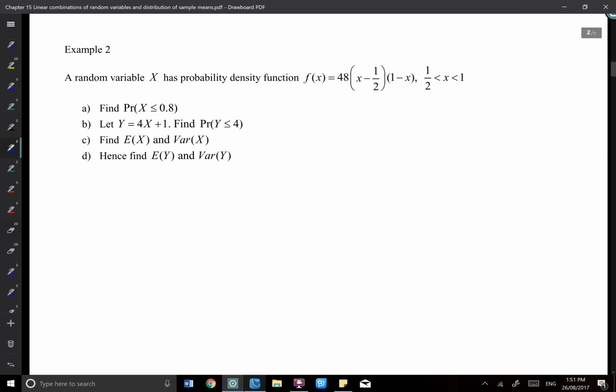Okay, let's have a look at example 2. A random variable x has probability density function f(x) equal to that. Find the probability x less than 0.8. Can you have your CAS out and do this on your CAS, please?